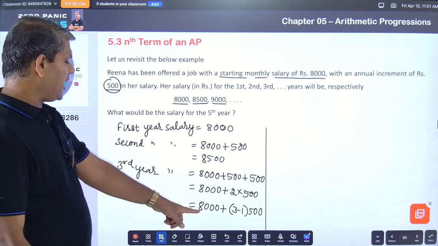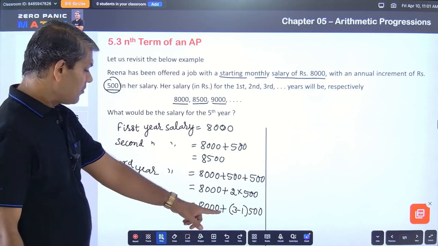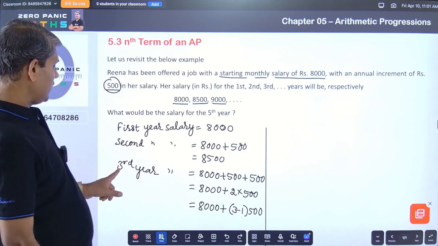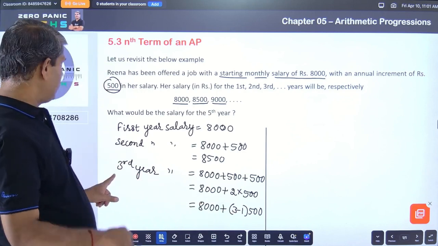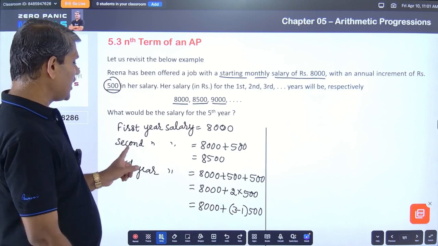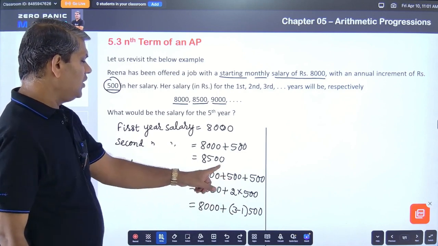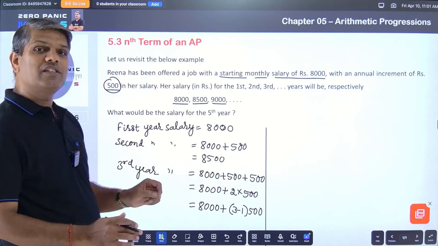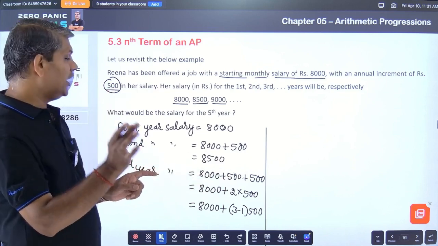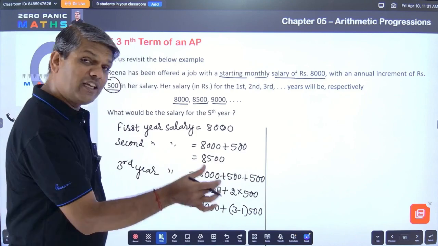Is it fine if I write like this? Because 3, we consider it as the n value, the third year. For the second year also you can write a plus d. A plus d is actually 2 minus 1 into the difference, or the increment here.